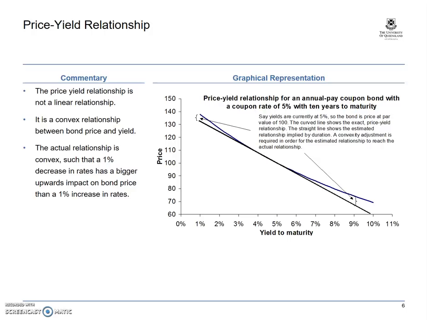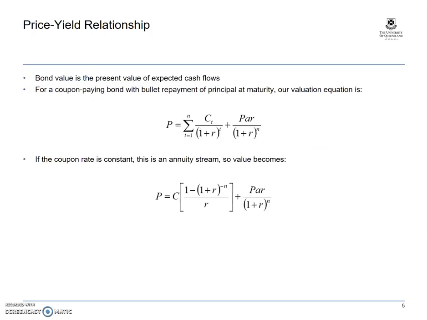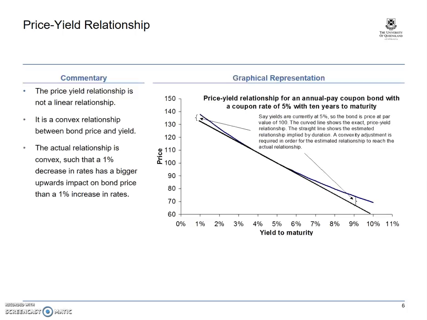Now note, if we talk about price and yield, we can see that in this formula, if the interest rate goes up, then the price of the bond will clearly fall. Whereas if our discount rate goes down, the price of the bond will increase.